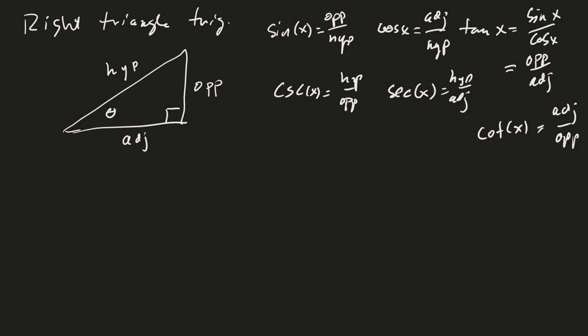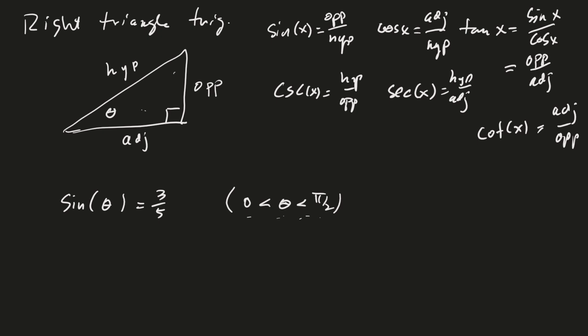Now, from here, we can talk about if I'm given a triangle and I know one of the angles, then I should be able to get the other angle. So I'm going to pause here for a sec. Okay, so suppose the sine of theta is 3 over 5, where theta is between 0 and pi over 2, so that our picture is accurate.